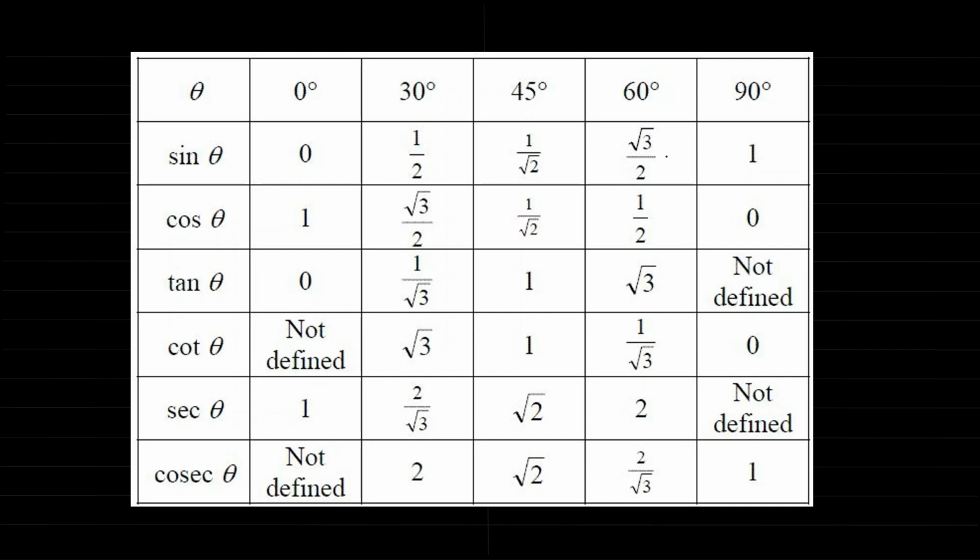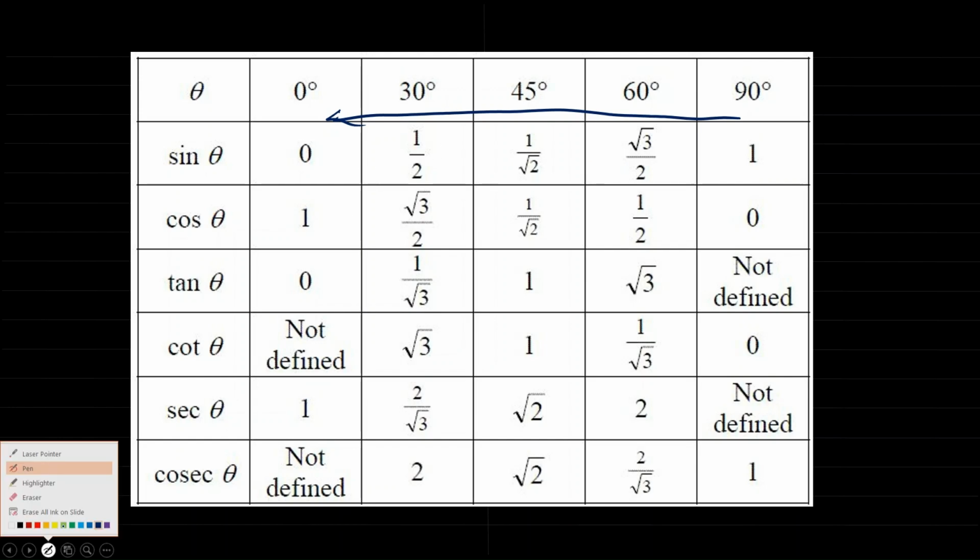This is the value of sine. Sine 0 is 0, sine 30 is half, sine 45 is 1 over square root of 2, and so on. Similarly, to find the value of cos, you just write down the value of sine in the reverse order. We start with 1, then square root of 3 over 2, then 1 over square root of 2, then 1 over 2, and 0.